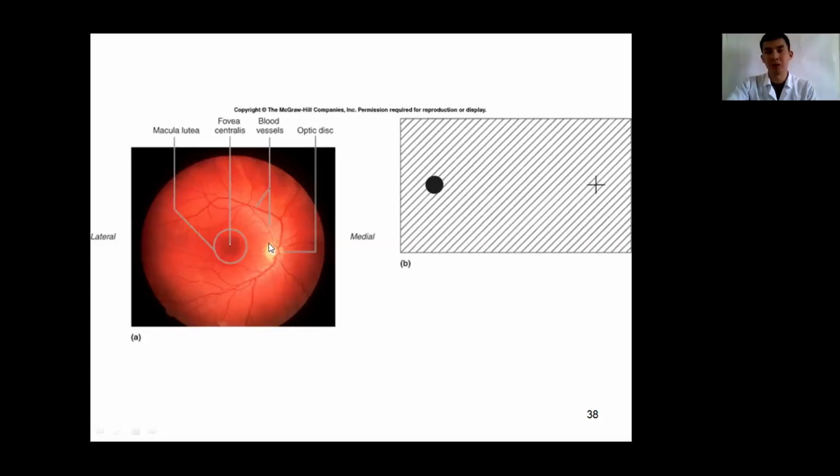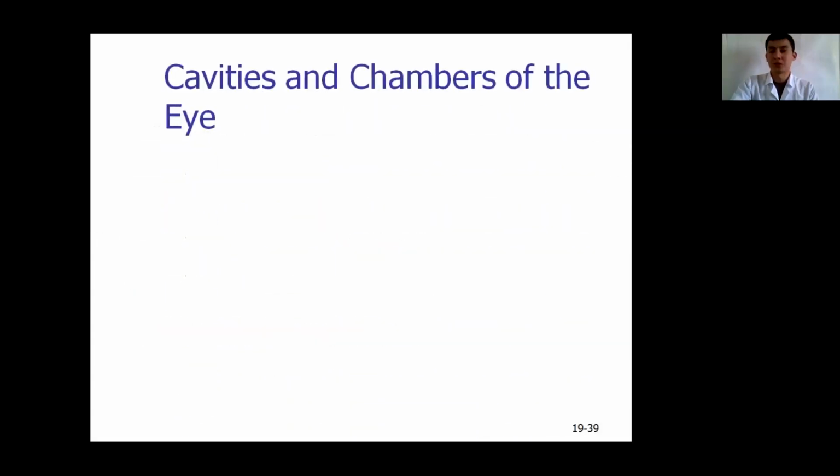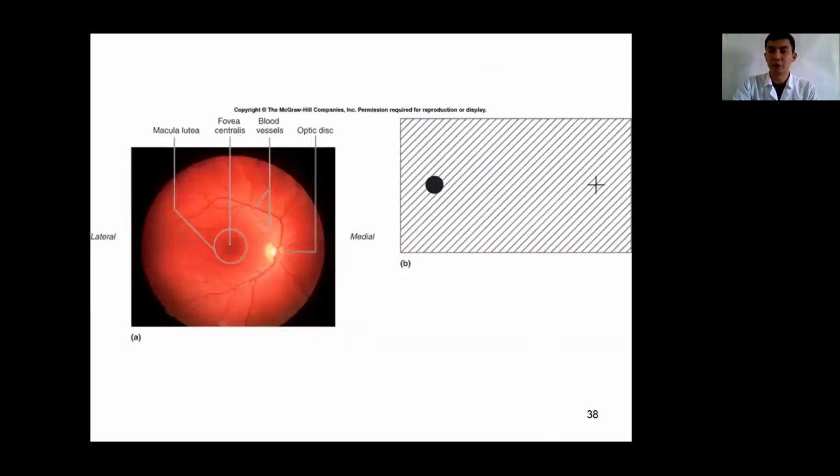As you remember, it is a blind spot. No image here. And also we can see the blood vessels. This diagnostic method is mostly used for diagnosis of, for example, some complications of diabetes mellitus, for example, diabetic retinopathy.